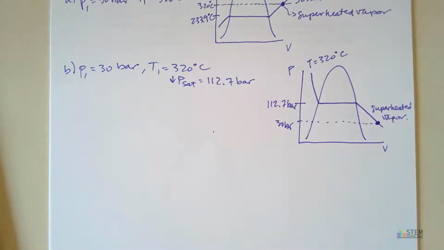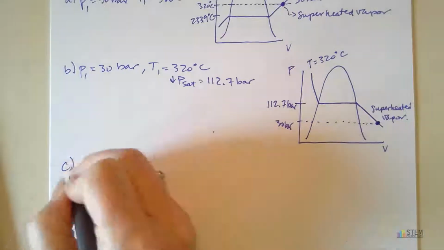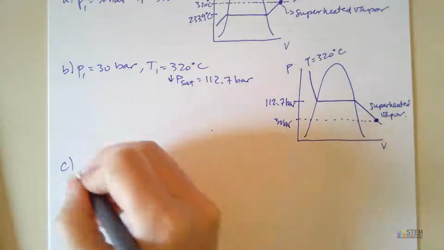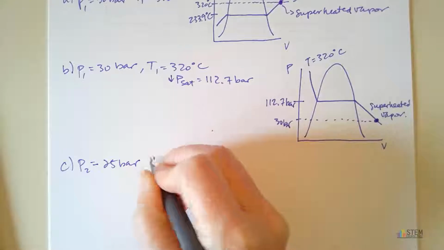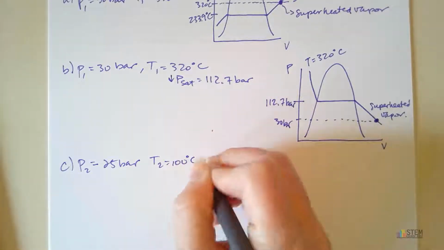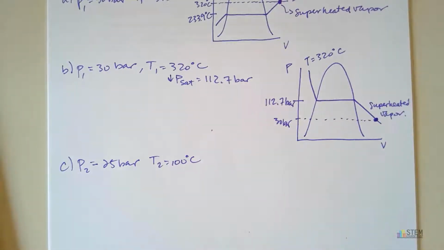Let's do a couple more of these. Let's do one where we change it up a little bit. So let's have a pressure, let's call it P2, 25 bar, and now our temperature will be 100. We're going to start out with the liquid vapor table.